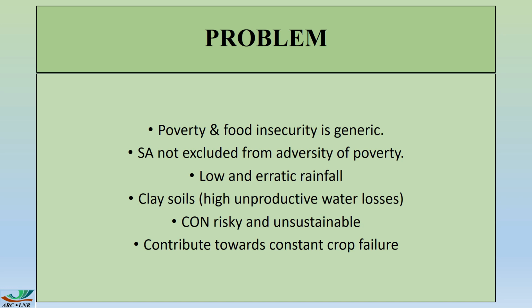We have low and erratic rainfall in some areas, where the clay soils are highly unproductive because of their water losses, and conventional tillage is a risky and unsustainable method, and this contributes to constant crop failures.